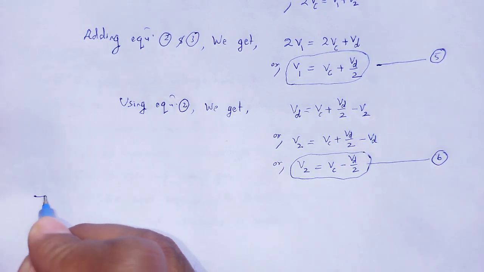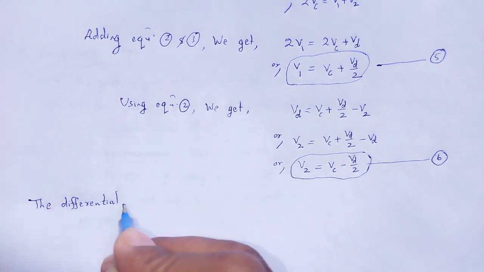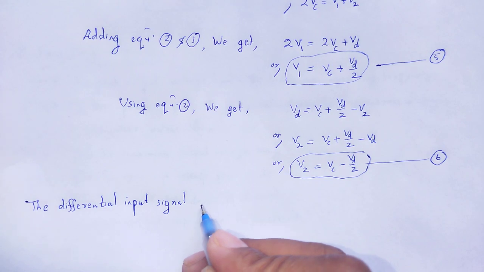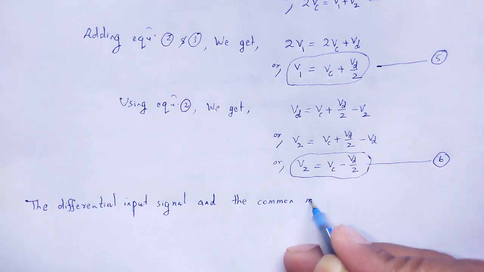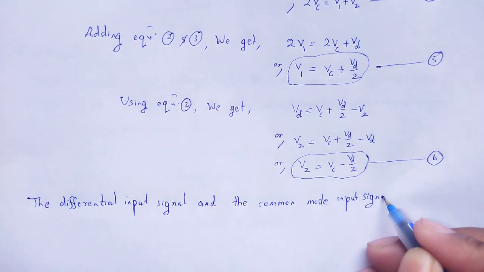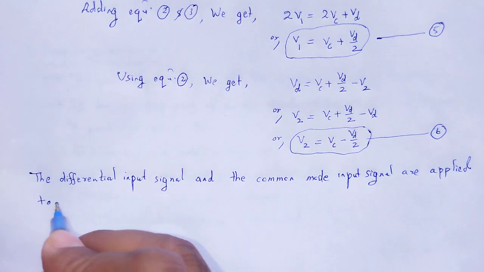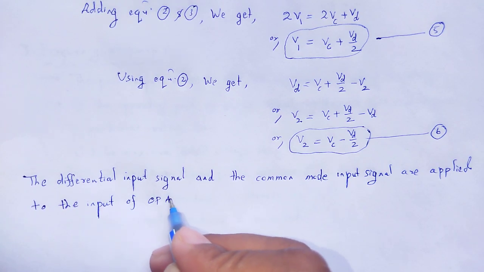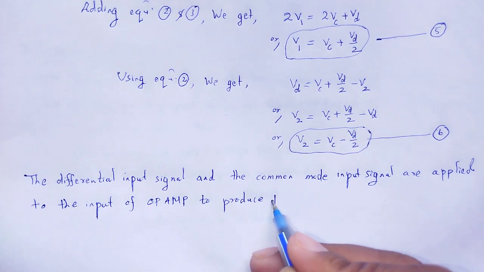The differential input signal and the common mode input signal are applied to the input of an op-amp to produce the output voltage.